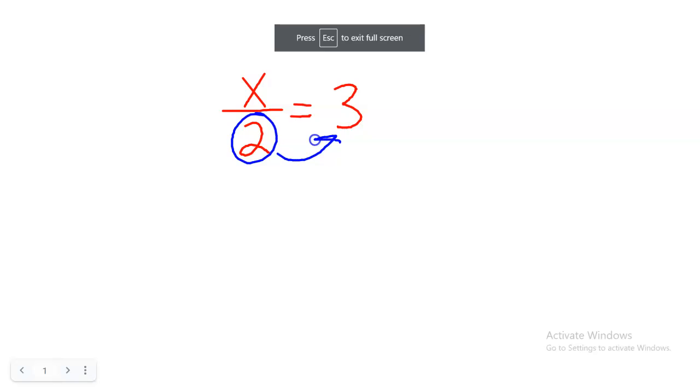I want to move it over to here, okay? And I can't add or subtract 2 from both sides because my x is being divided by 2. So like the previous problems, our x was being multiplied by a number, and in order to undo it, we divided. Well, in this case, our variable is being divided by a number, so to undo that, we have to multiply.